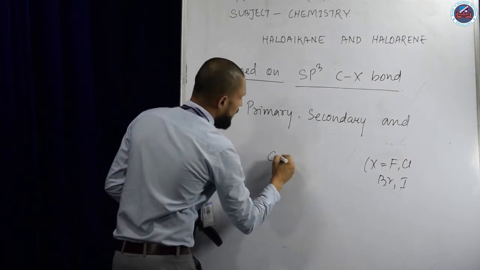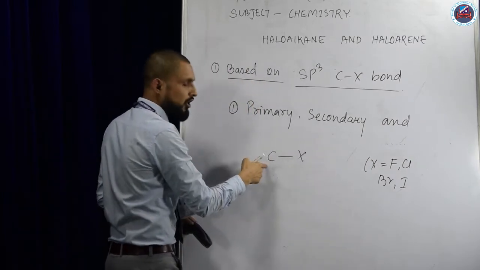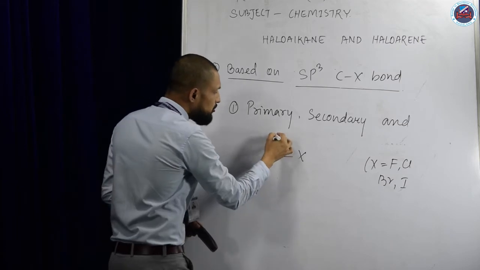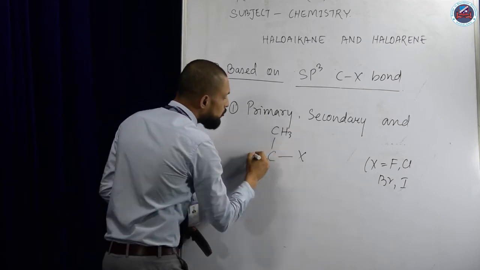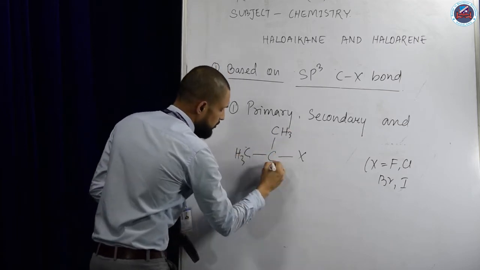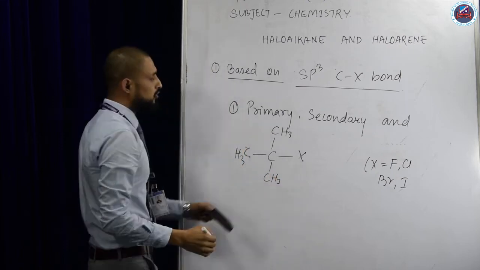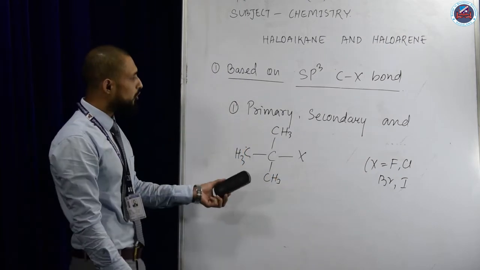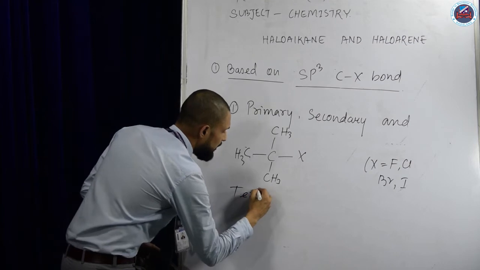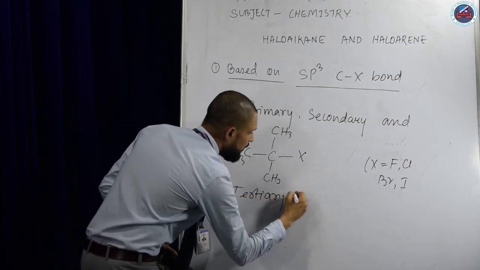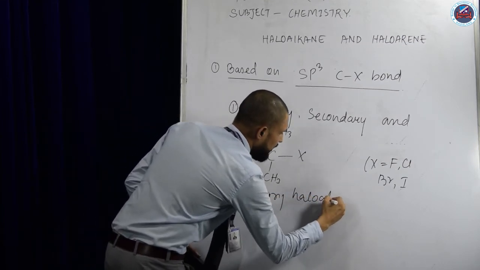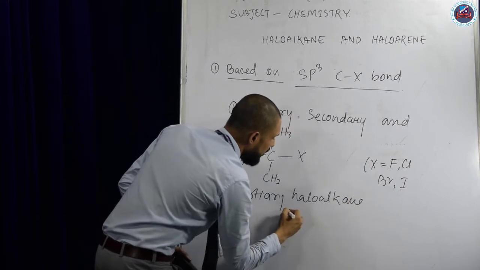So in tertiary, the halogen atom is attached to a carbon, which in turn is attached to three different carbons. So this is an example of tertiary haloalkane. And tertiary haloalkane is also known as 3-degree haloalkane.